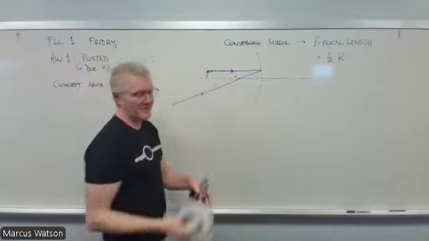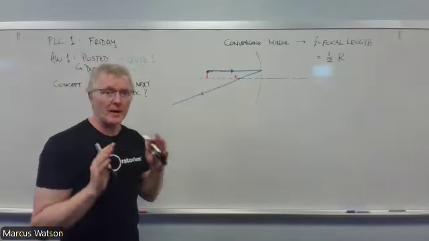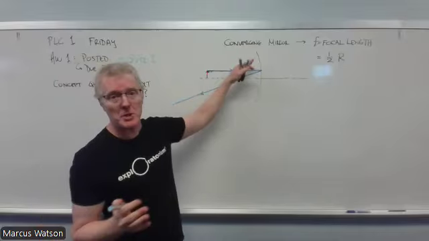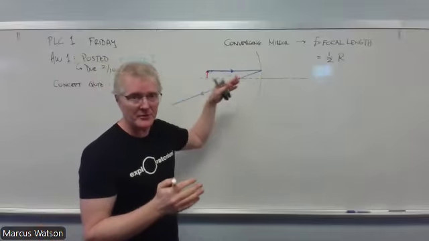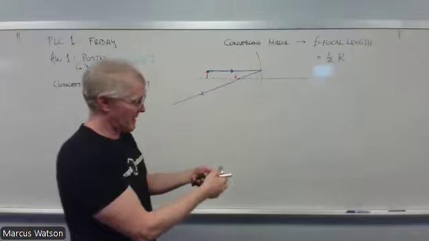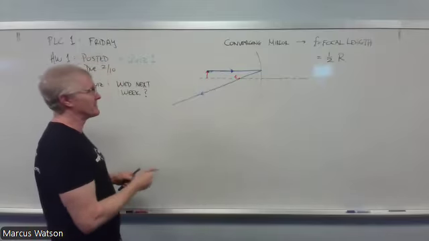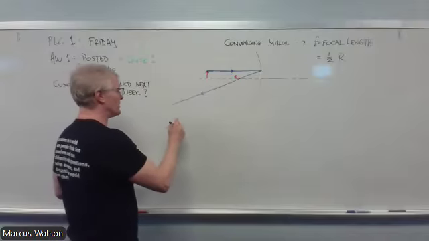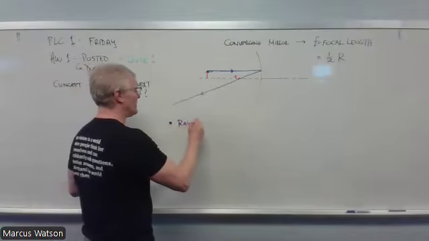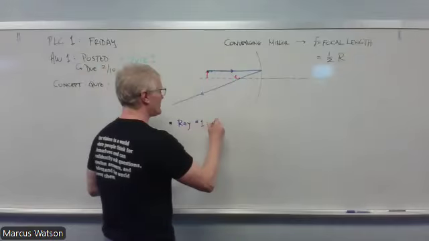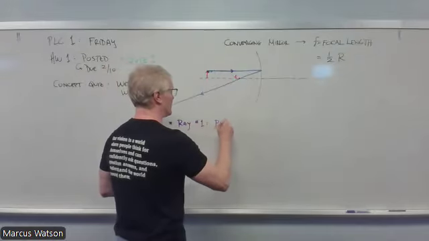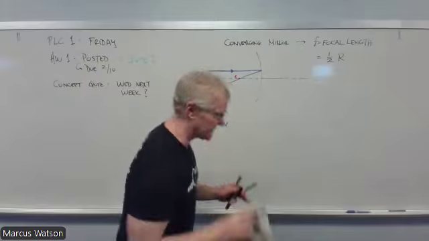Okay, so I don't need to go over here, drop a normal, and measure angles. I'm guaranteed that my parallel incoming ray will leave through the focal point, because that's the property of the geometry of the system. Okay, so I'll call this ray number 1.